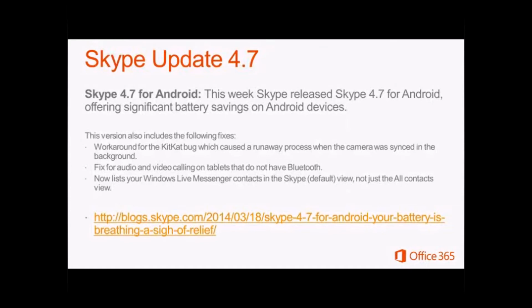There's a blog that I wanted to list here. If you are interested in all the different features and improvements, there are quite a lot, and they are listed in the blog. One thing that I want to call out is the battery saving. If you run Skype on Windows Phone, that was absolutely fine in terms of performance and battery.